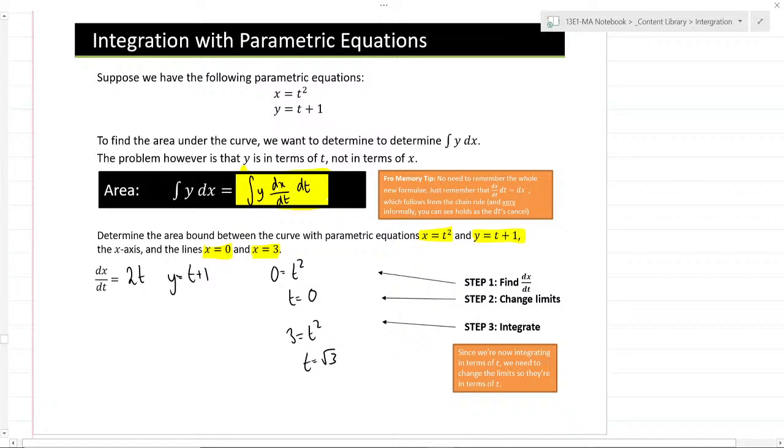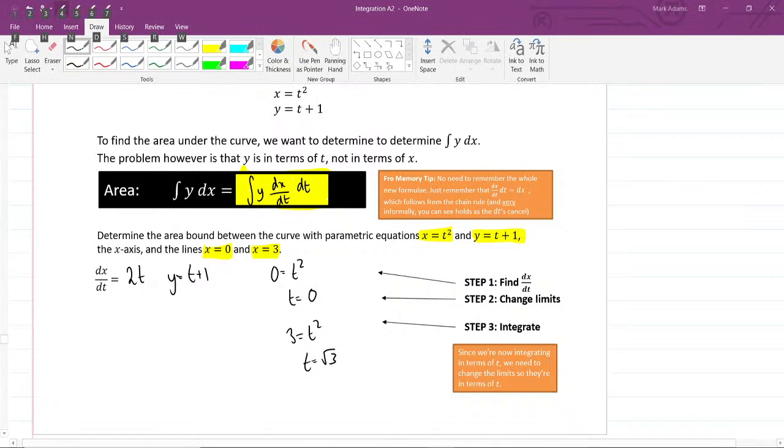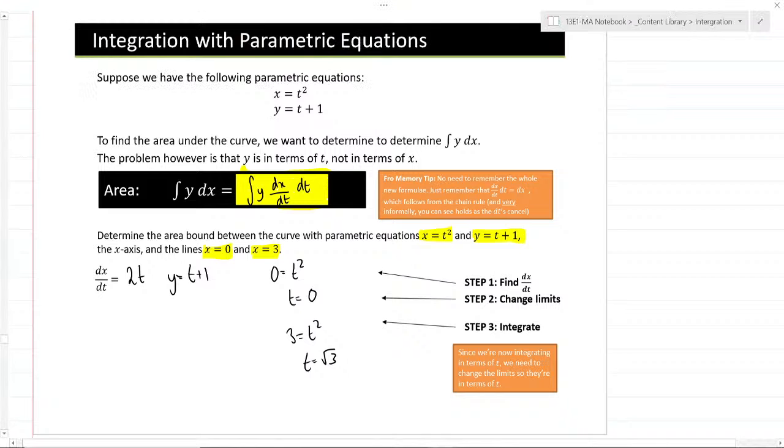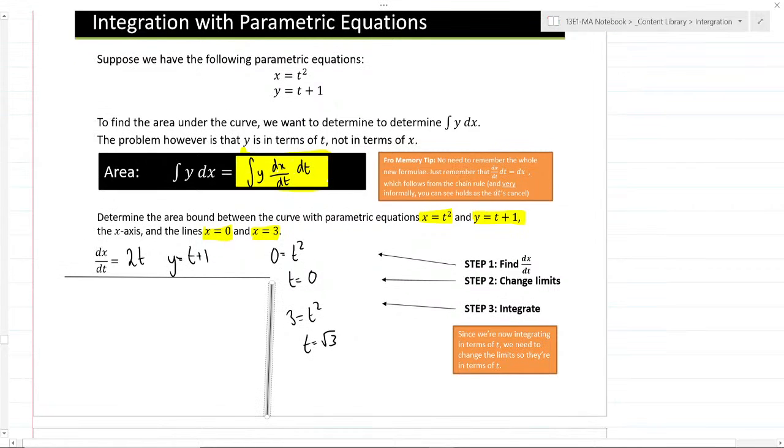Okay, so I now need to substitute that into our formula, which is the integral of y dx by dt.